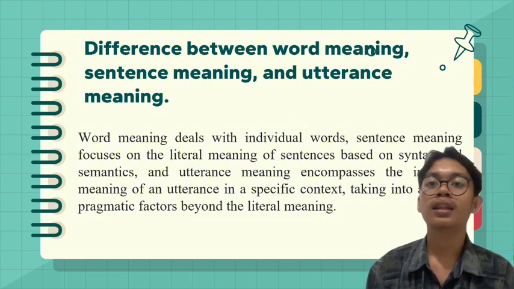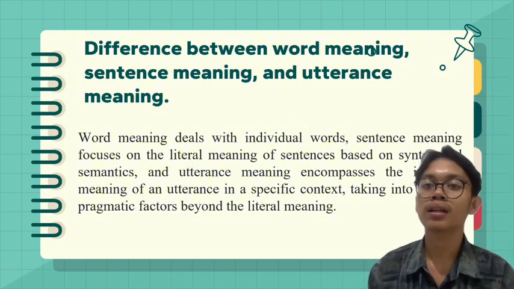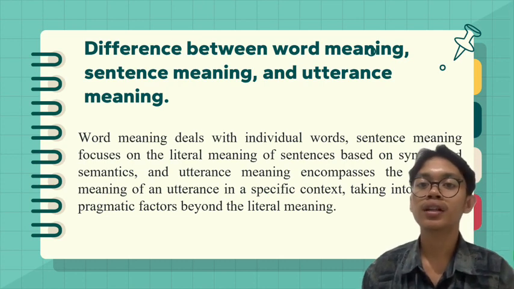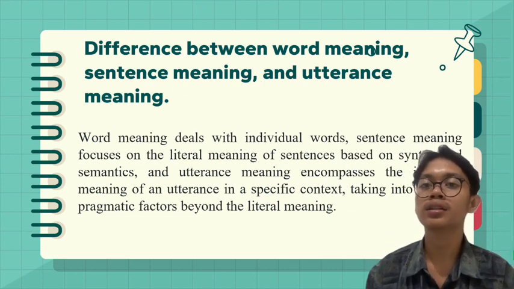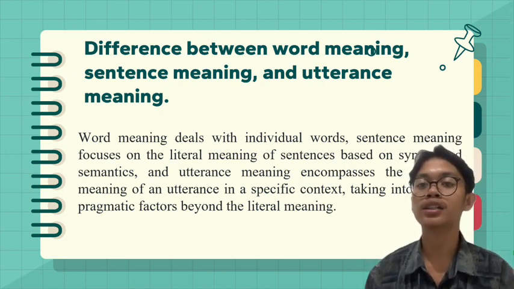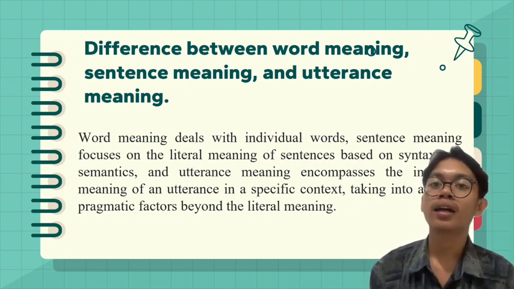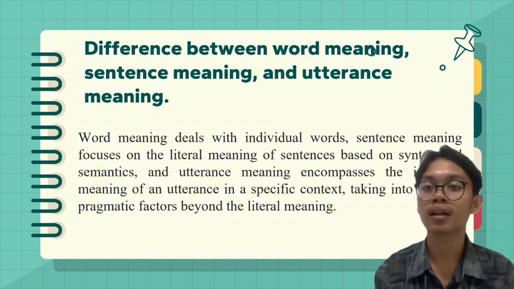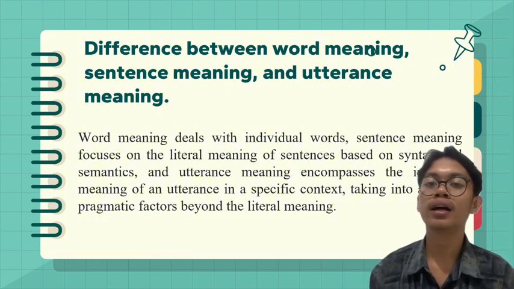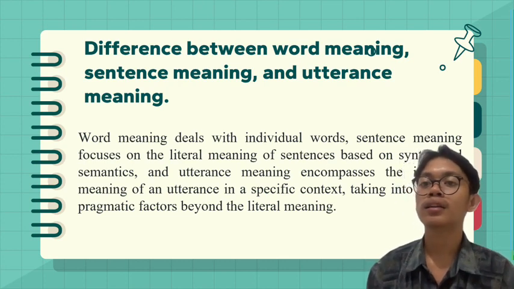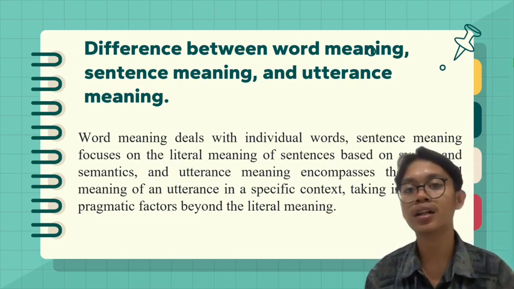Next, the difference between word meaning, sentence meaning, and utterance meaning. The difference is based on what they focus on and how they are determined. Word meaning is about the exact meaning of a single word, like what you'd find in a dictionary.